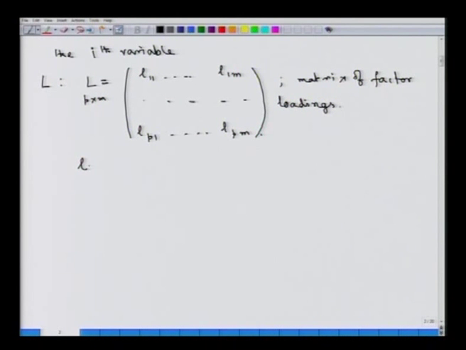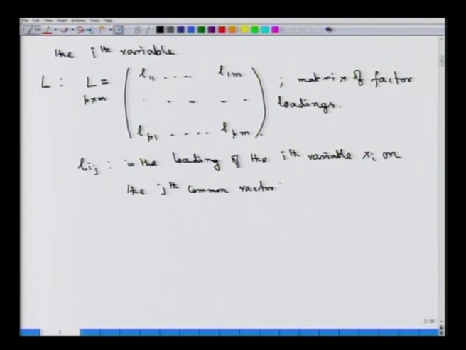Now these factor loadings have this interpretation: Lij is the loading of the ith original variable xi on the jth common factor, which is fj.